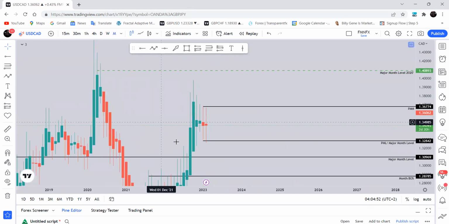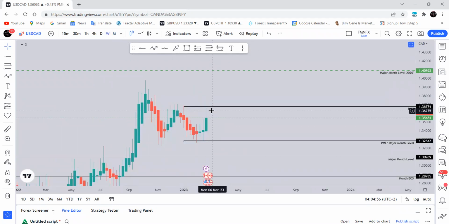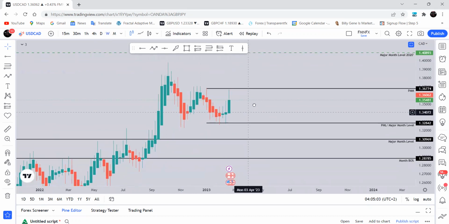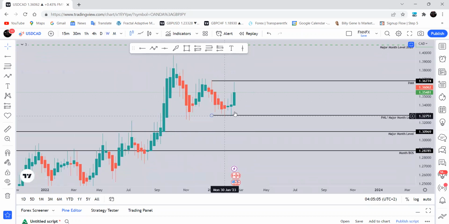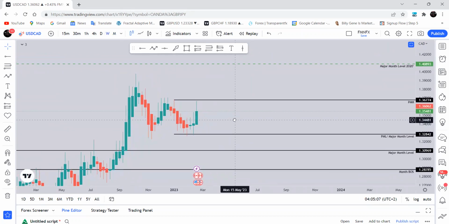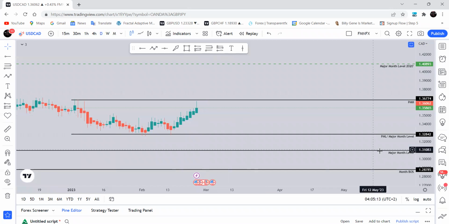So on the month, we're confused. On the week, we are bullish, but until it breaks this high, it looks like it's rejecting. But as you can see, price action is trending upward. Let's keep dropping down. It's looking kind of confused.